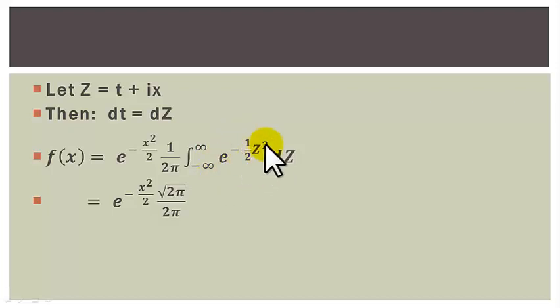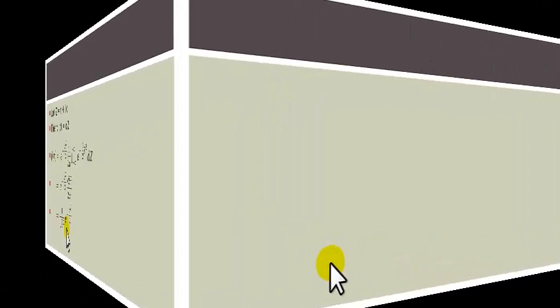So therefore, f of x is equal to exponent minus x squared over 2 times square root of 2 pi all over 2 pi, which is equal to 1 over square root of 2 pi times exponent minus x squared over 2.